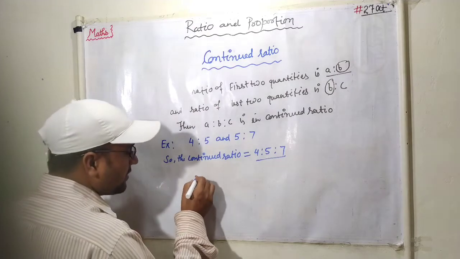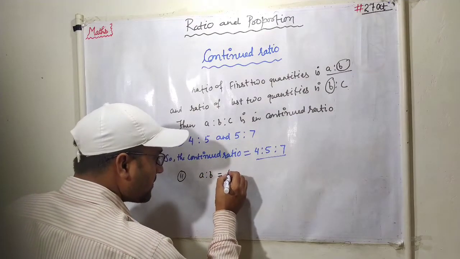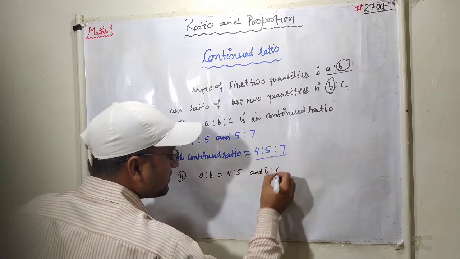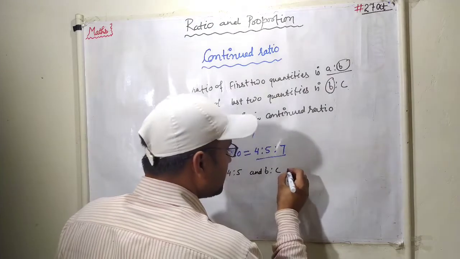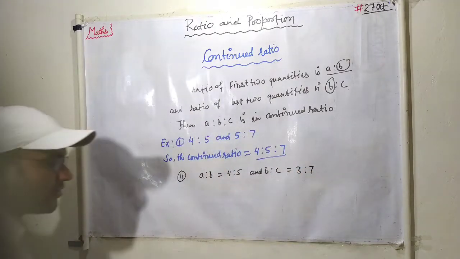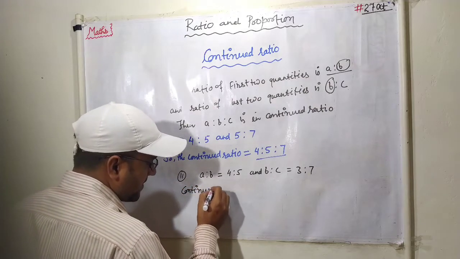Suppose one question is given: A ratio B is 4 ratio 5 and B is to C is 3 ratio 7. How will you find the continued ratio?